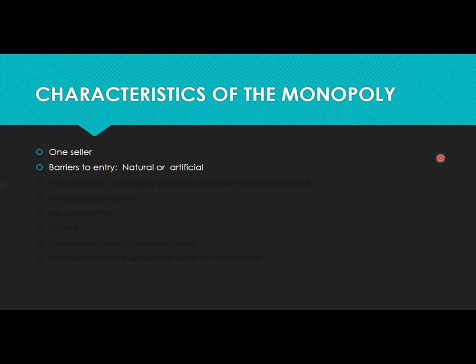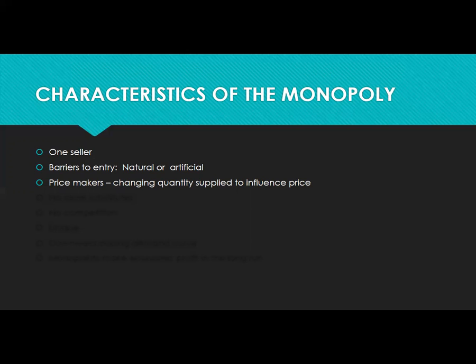Or you have your artificial monopoly. Now, this is when your barriers are not economic of nature, but let's say rather protected legally by a patent. So other people can't enter into the market because a specific producer has the sole right to produce that product for a certain time. Your next characteristic is the fact that your monopolist is a price maker.